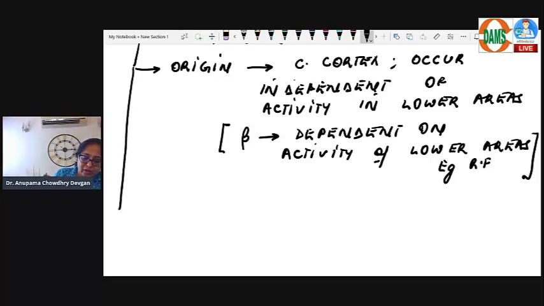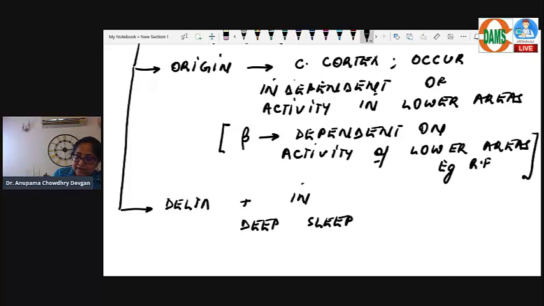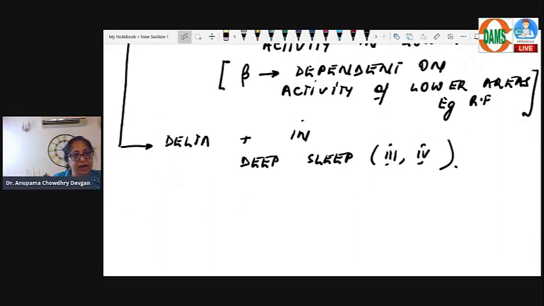So when do I record delta? Delta rhythm is present in deep sleep, stages 3 and 4 of NREM sleep. Delta is present in infants.